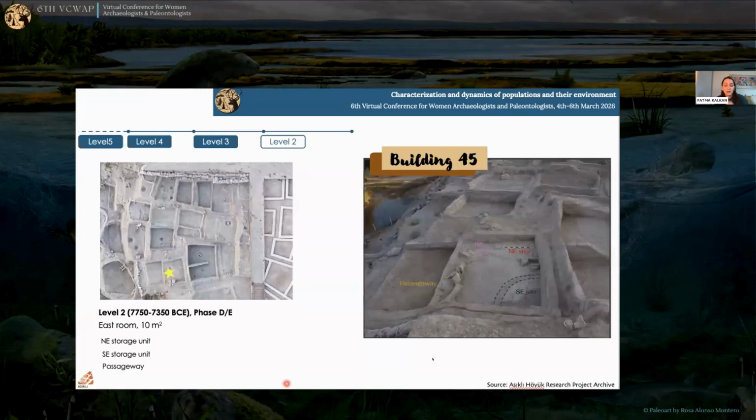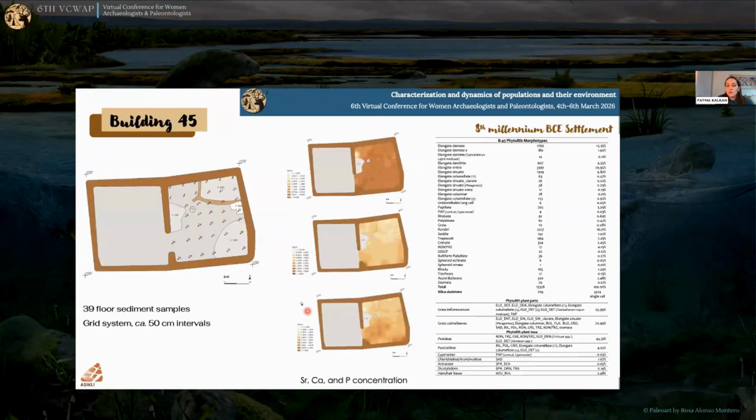Building 45 is a double room building with integrated storage bins at the northeast and southeast corners in the east room. The west room was exposed and documented in the old system. The western part of the room is damaged, therefore it was not included in the analysis. 39 sediment samples were analyzed to understand the geochemical composition.